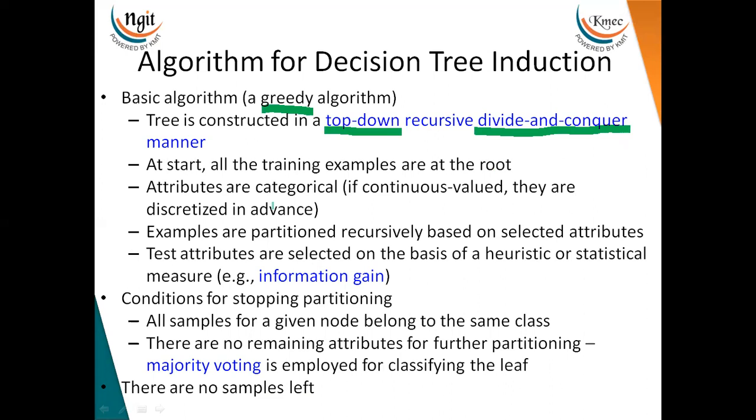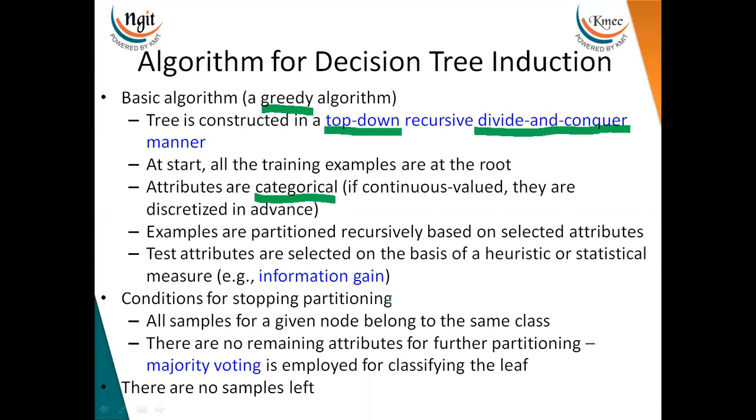Your attributes may be numerical; if numerical, no conversion is required. But if your attributes are categorical, then you should convert them to discrete values before putting them into your decision tree. These are the pre-processing tasks you should do before starting your decision tree.